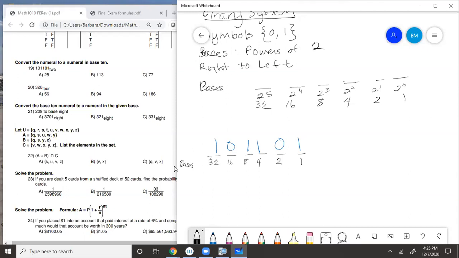All right, so to find out the base 10 number, we multiply 1 times 32, or it's just simple to write 32, right? Because we've turned on the 32, we turned off the 16, we turned on the 8, right? So we're just adding 32 plus 8 plus 4 plus 1. So what do we get, 45? Yes, very good. So this is binary code for the number 45 in base 10.